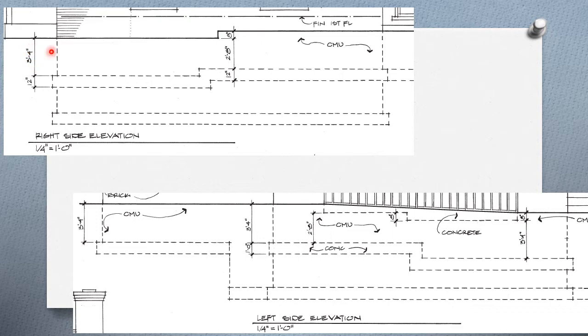Well, 3 foot 4 is 40 inches. 2 foot 8 is 32 inches. That tells me that this step here is 8 inches, even though it is not marked. The letters denote the type of wall it is, and CMU stands for concrete masonry units.